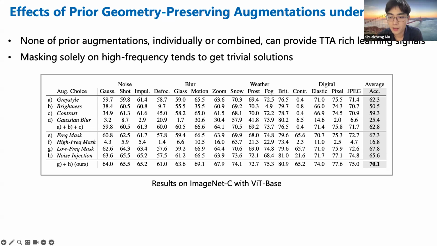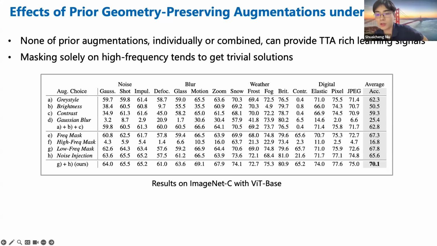These augmentations are often relatively simple and are sensitive to the corruption type and struggle to perform stably across all corruptions, leading to limited overall performance. Here, we also compare with other combination choices of our designed augmentation strategies, like random frequency mask, low frequency mask, high frequency mask, and noise injection. But our results show that these baselines perform worse than our SPA.